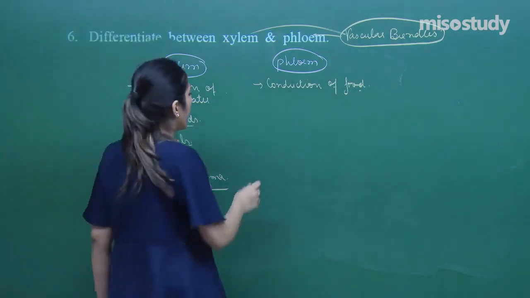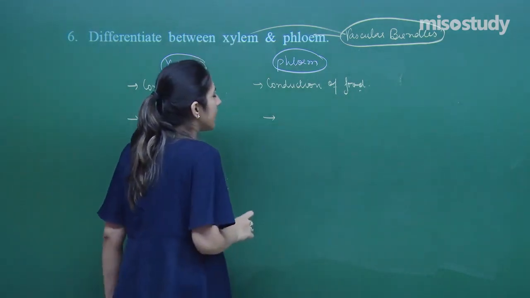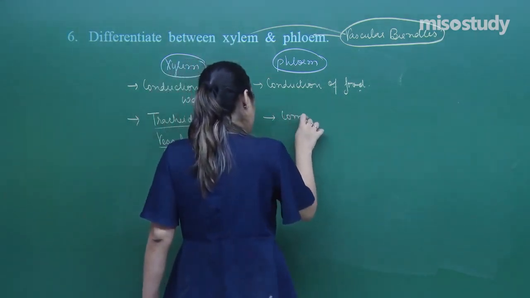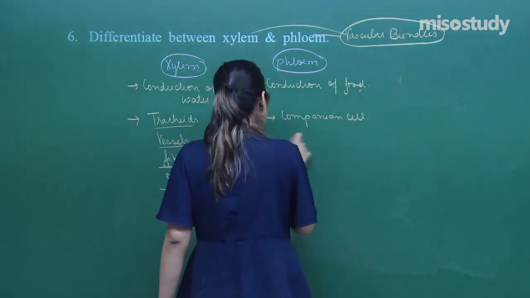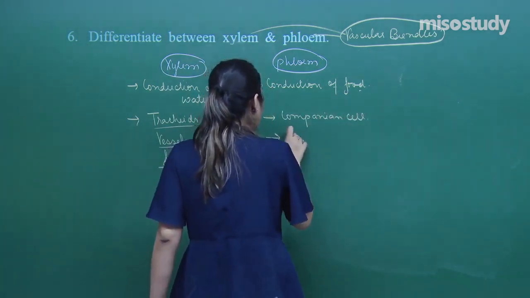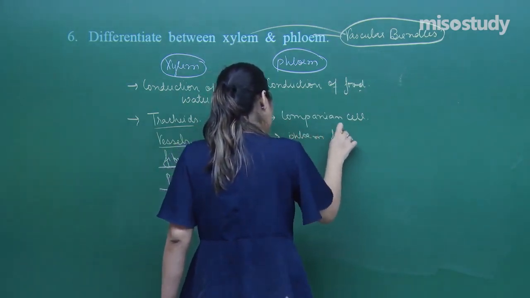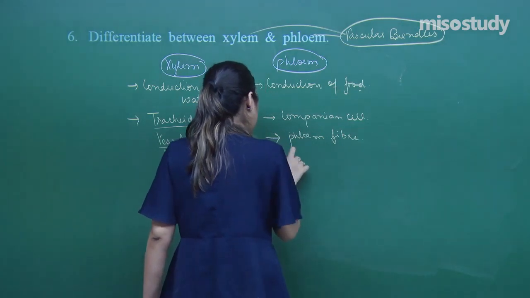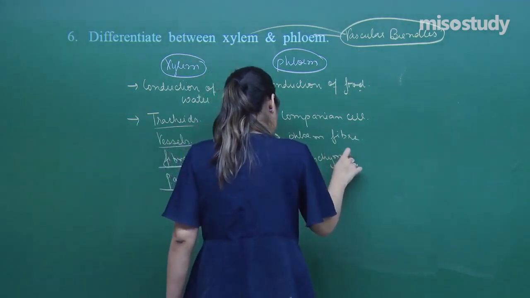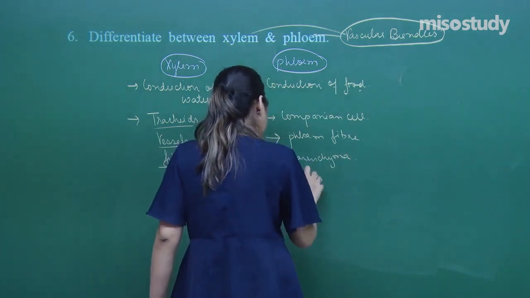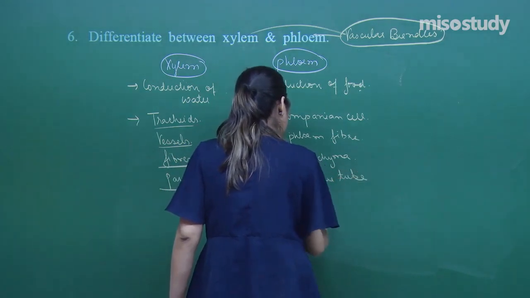Whereas the phloem is further made up of phloem fibers, companion cells, parenchyma cells, and last but very important is the presence of sieve tube.